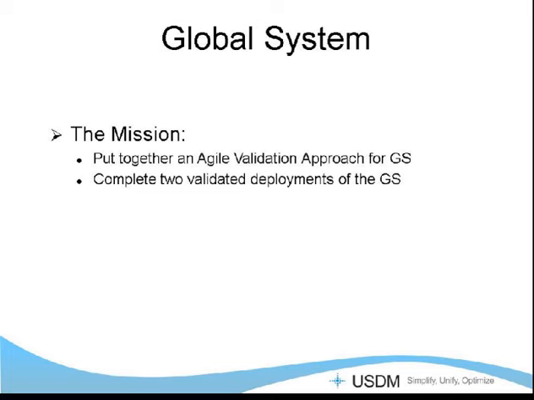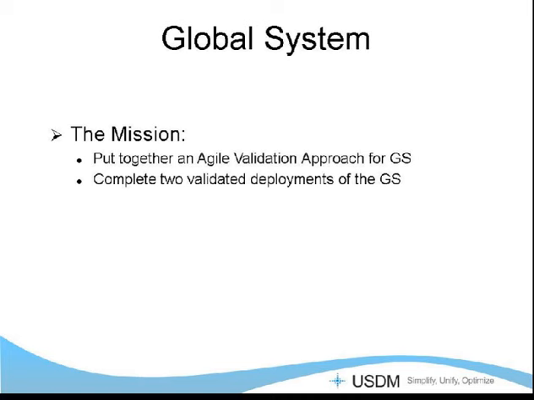So the project really was a global system, 5,000 or so users across the globe, taking multiple systems and putting them into one. We had a development team that was very familiar with the Agile methodology, that had never gone through a validation before.